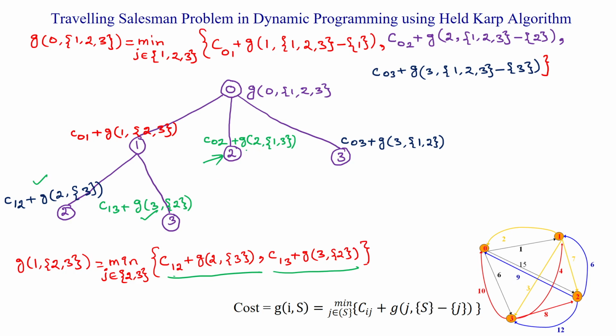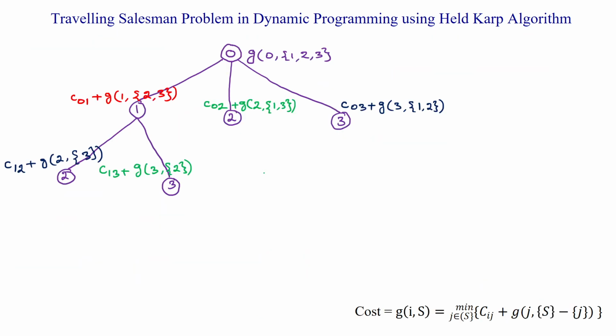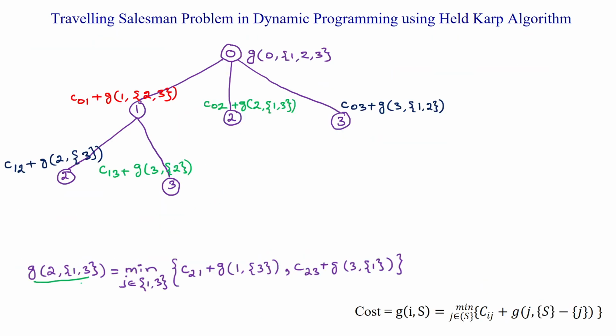Here also we have to calculate the value for g of 2 comma subset 1 comma 3. So when you are calculating g of 2 comma 1 3, you have to substitute the values. Here the subset has 1 comma 3 as j values. So initially we take j equal to 1, so i is 2 here and j is 1. Then g of j value 1, and this 3 comes from the subset 1 comma 3 minus j, this j is 1.